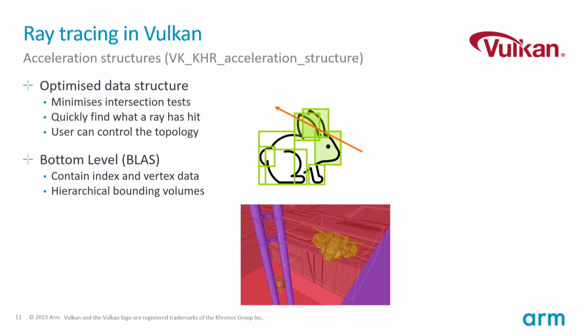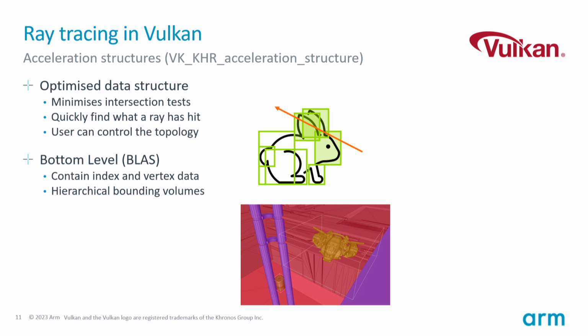This data is usually organized in a hierarchy of bounding volumes, so that when we cast a ray, we can minimize the number of triangle intersection checks. In the case of the model on the right, we only need to check the triangles contained in the green box that are intersected by the ray, and just ignore the rest. So it will be much faster.